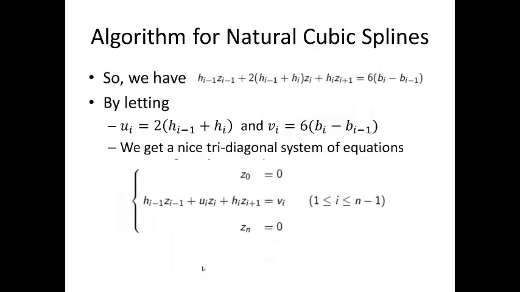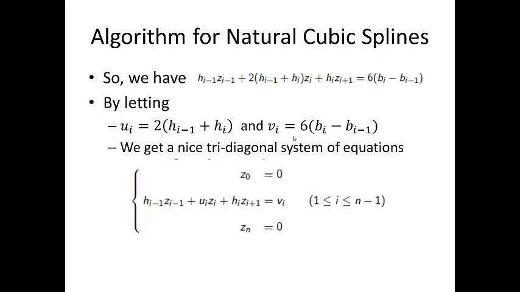So basically what we end up having is the equation developed on the last slide, and by letting u sub i equal 2 times h sub i minus 1 plus h sub i, and v sub i equal to 6 times b sub i minus b sub i minus 1, we get a nice tridiagonal system. Now I know these are your favorites and you already have the code to solve them.